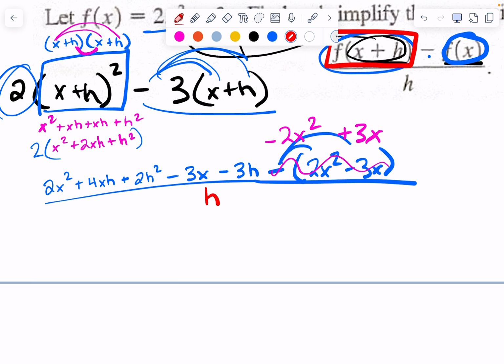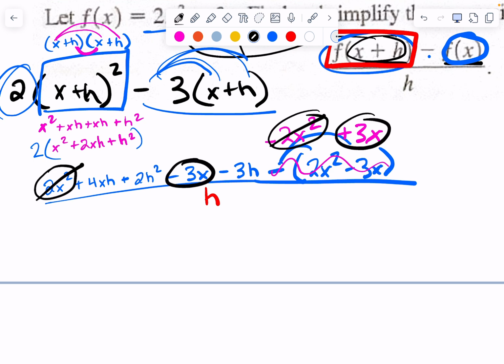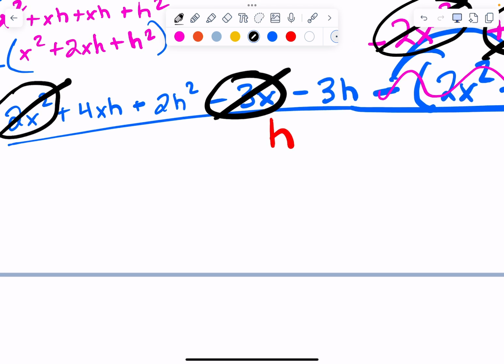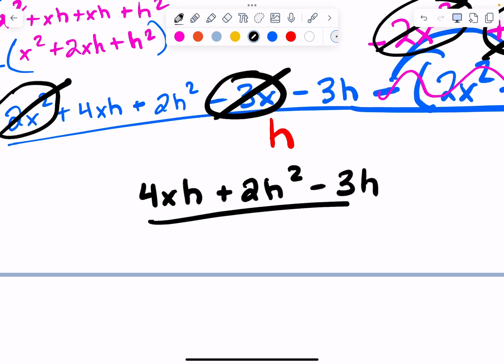Yep. Okay, so combining like terms, 2x squared minus 2x squared, that cancels. Boom, boom, got it. Okay, my negative 3x plus 3x, boom, boom, that cancels. So all I have left here is 4xh plus 2h squared minus 3h all over h. Yeah, so this guy up top here is 3 pieces, and I can pull an h out front.